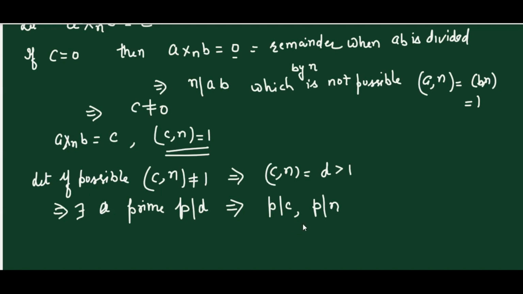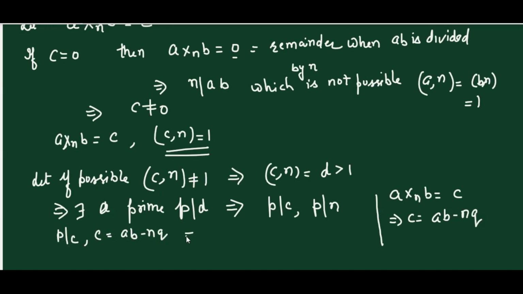Now what is c? c is the remainder when AB is divided by n, so you can write c as AB minus nq, where q is the quotient. Now p divides c and c is AB minus nq. This implies p divides AB, because p also divides n.